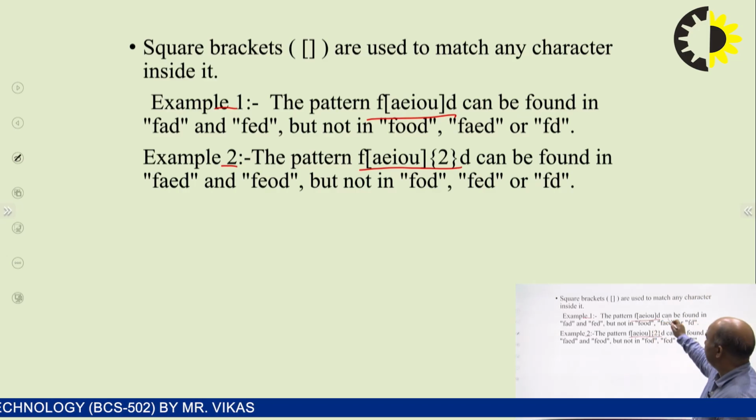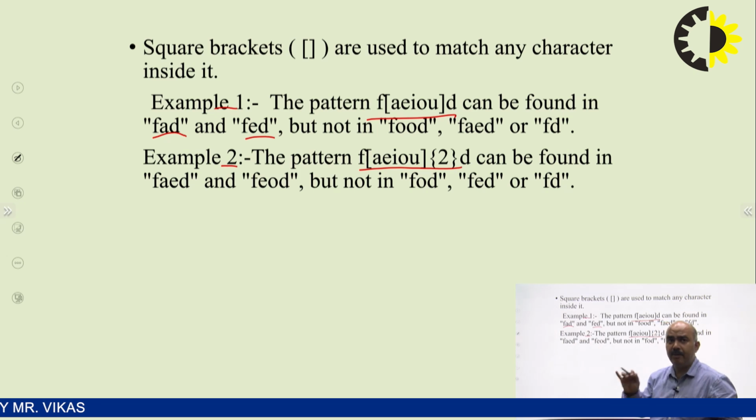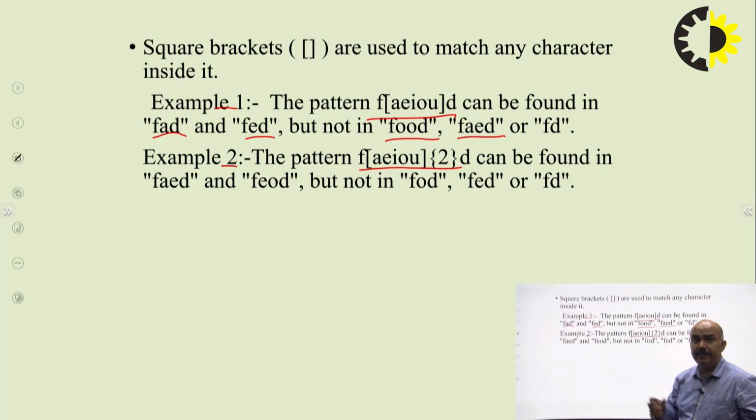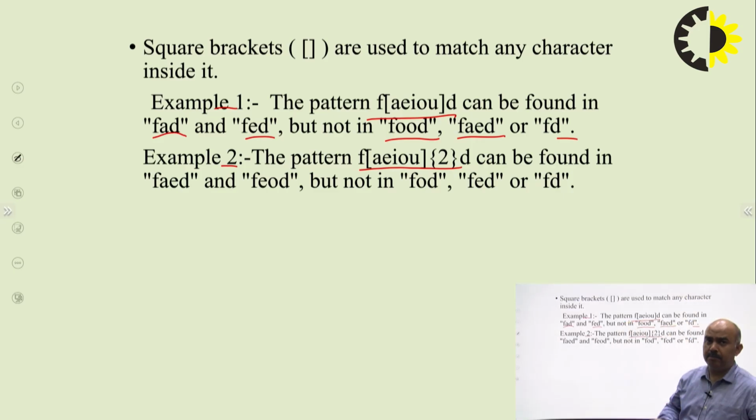The pattern can be found in FAD one single time, FED one single time. FOOD has 2 vowels, so that will not be acceptable. FAE is in a pair, but we are not saying that they should appear in a pair; at least one vowel must be there. It is not there in FD, so again there is no vowel and it is not acceptable.